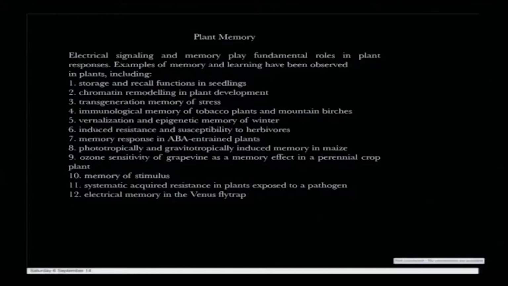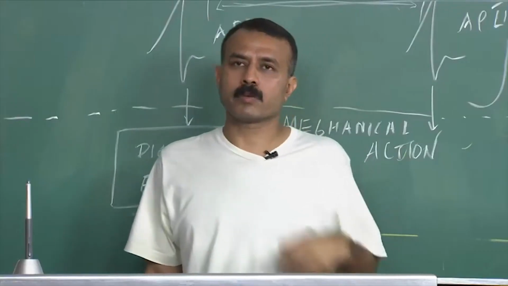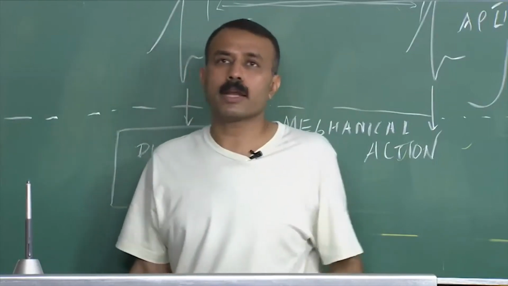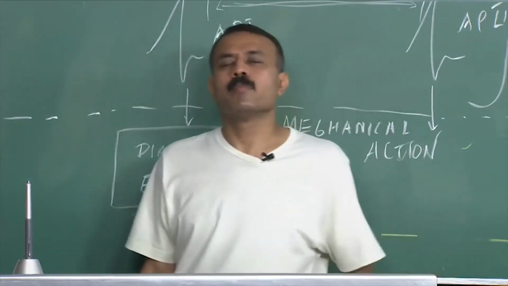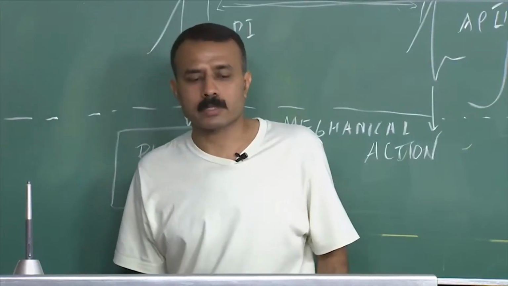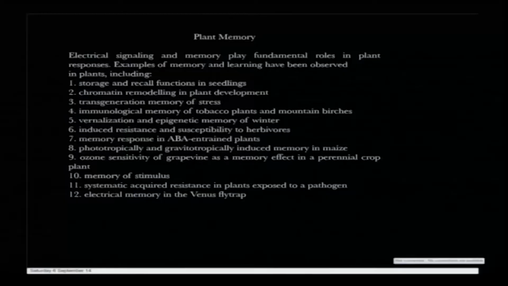Okay. I wish you students please go through them, go to Google and search and see what all these are, because we are only talking about the electrical phenomena, but there are different memory events which are taking place in plants. Now, the fifth one, if you come to the slide: vernalization and the epigenetic memory of winter, winter hardness and cold hardness and all those things.